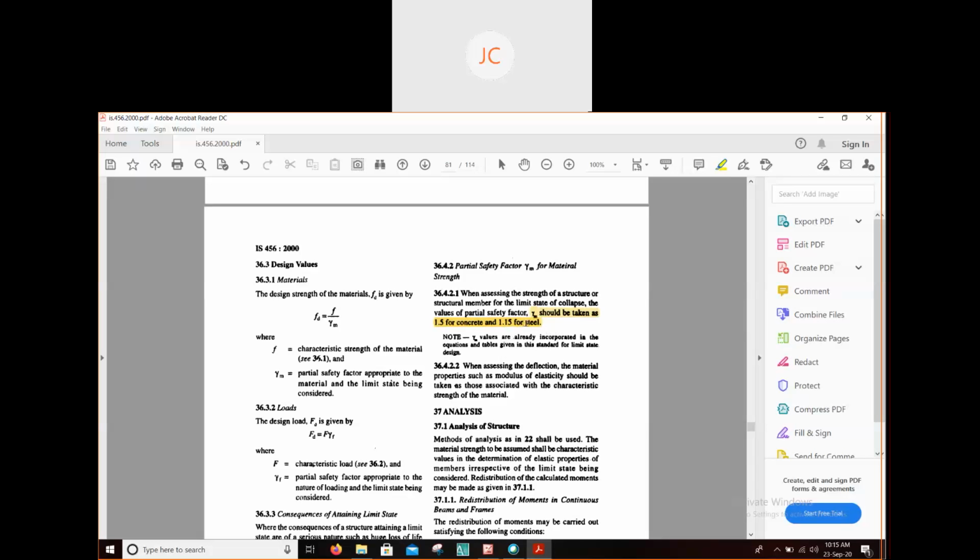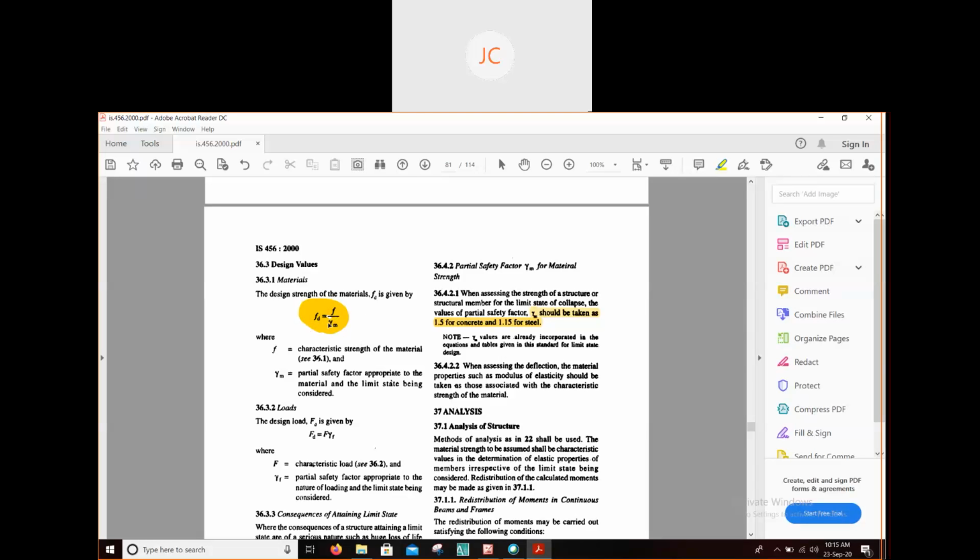For concrete, you put 0.67 fck divided by partial safety factor 1.5, and you get 0.446, or in two digits 0.45 fck. In RCC the two main materials are steel and concrete.